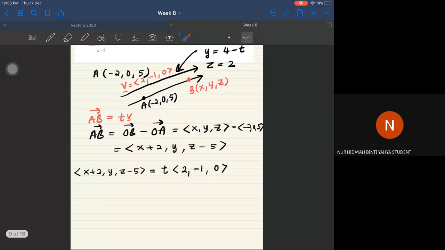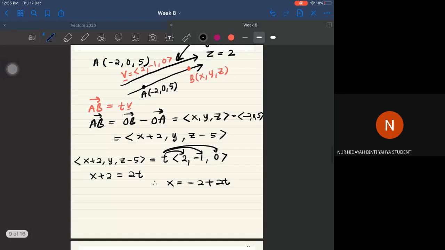Okay. So for the first one, X plus 2 is equals to 2T. So that your X is equals to negative 2 plus 2T. Okay.